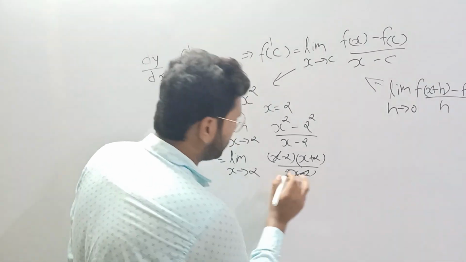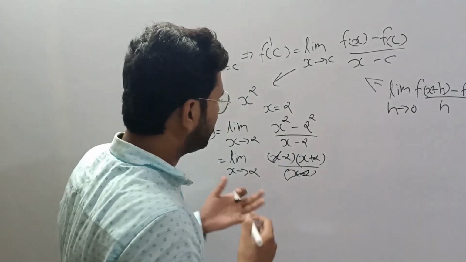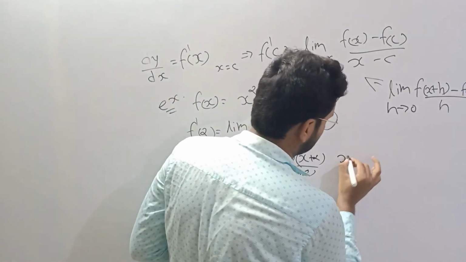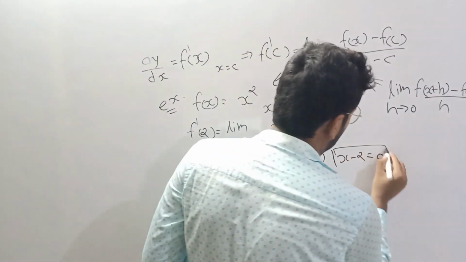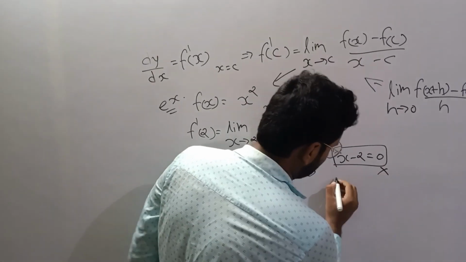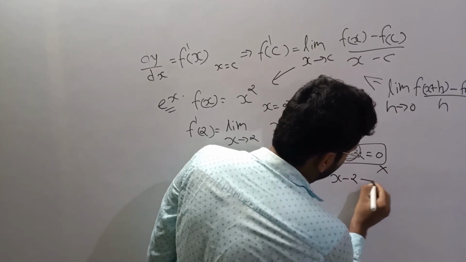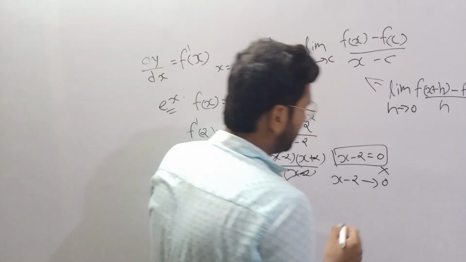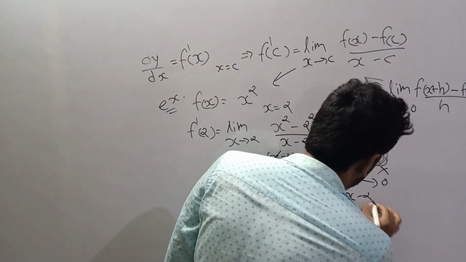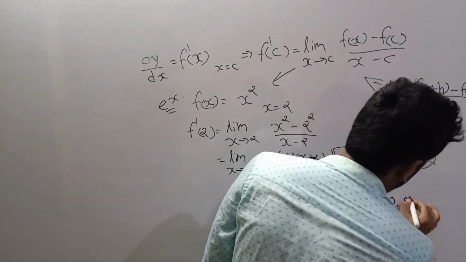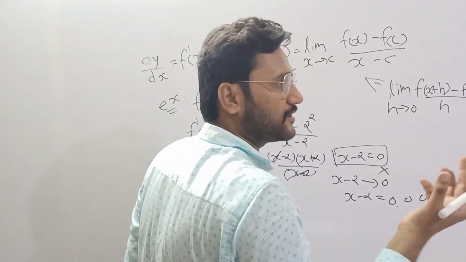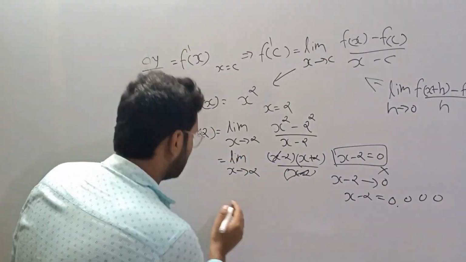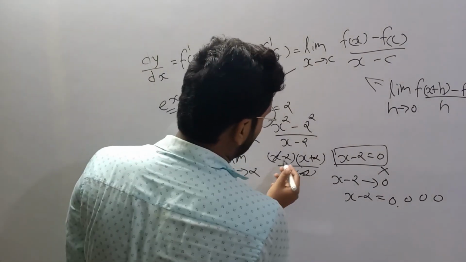Listen, some of you may think that x minus 2 equals 0. This is not the right thing. x tends to 2 means x minus 2 will be something like 0.0000001 and so on, some small fractional number. So we can cut x minus 2.